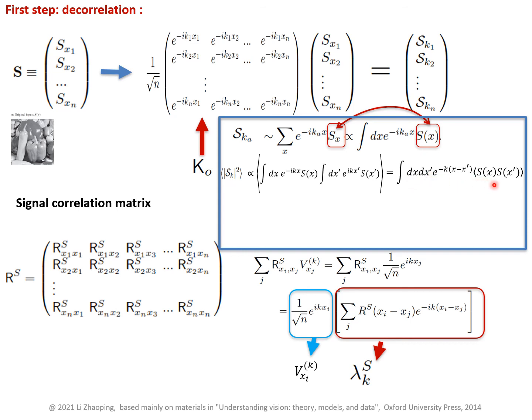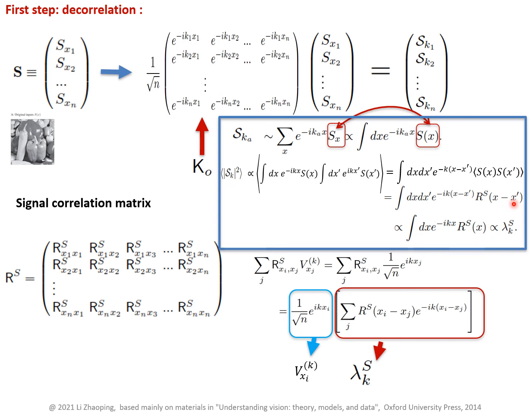Now you see this ensemble average is by definition the cross correlation between the signal at x and the signal at x prime. This is the correlation, by definition. So this copies down. Now we just need to change variables: x minus x prime. You just change a variable, make it x minus x prime, with some dummy variable for the other things, and then this becomes that.